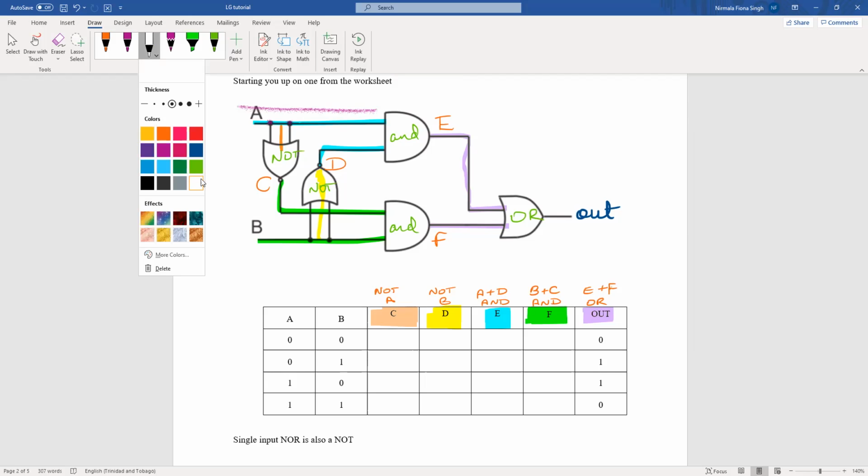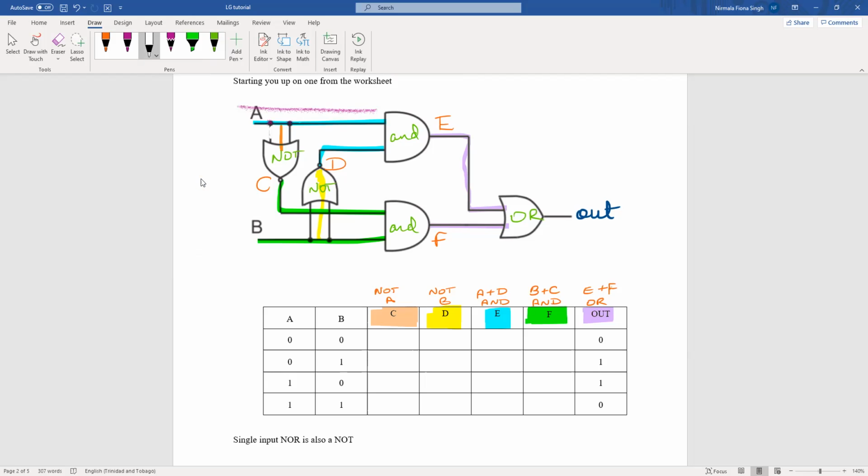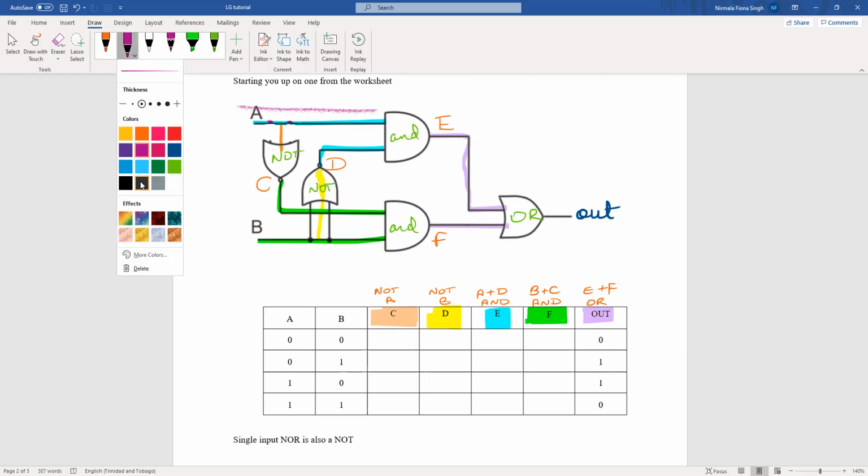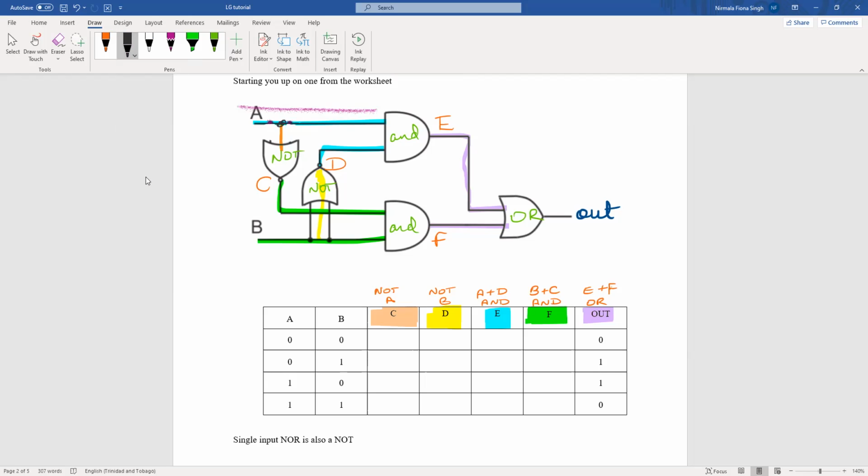This is what's happening. We have a single input NOR, and a single input NOR is essentially a NOT gate. So we can rewrite it like this, where it's just one input going into our NOT gate. Labeling our outputs, A passes through the NOT gate to give C.